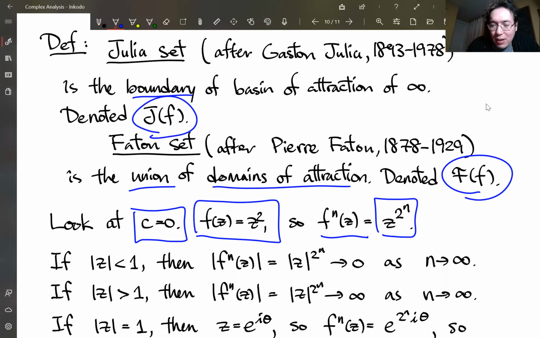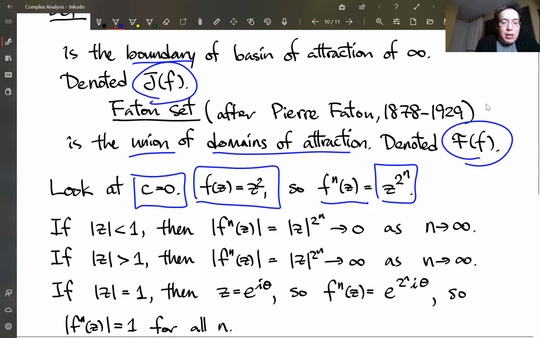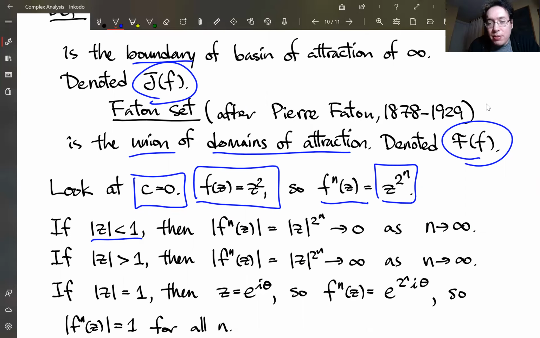Okay, so a very large power of z. We kind of know how they behave. If we just focus on the modulus, if the modulus is less than 1, they get closer and closer to 0 as n goes to infinity. If the modulus is greater than 1, then it blows up to infinity.